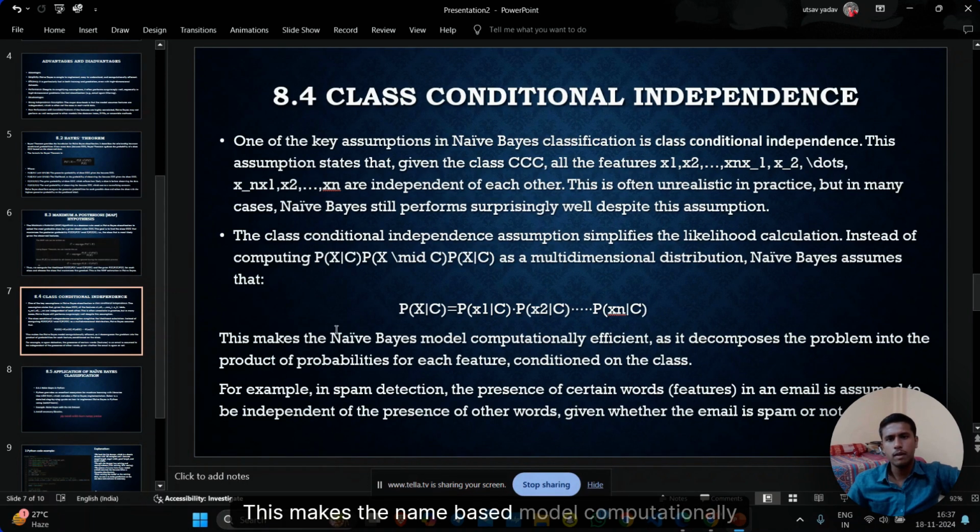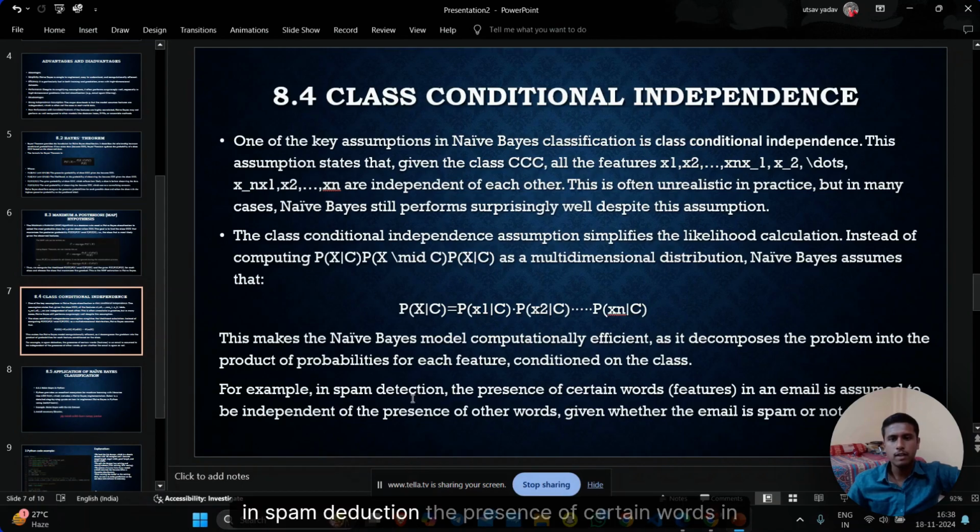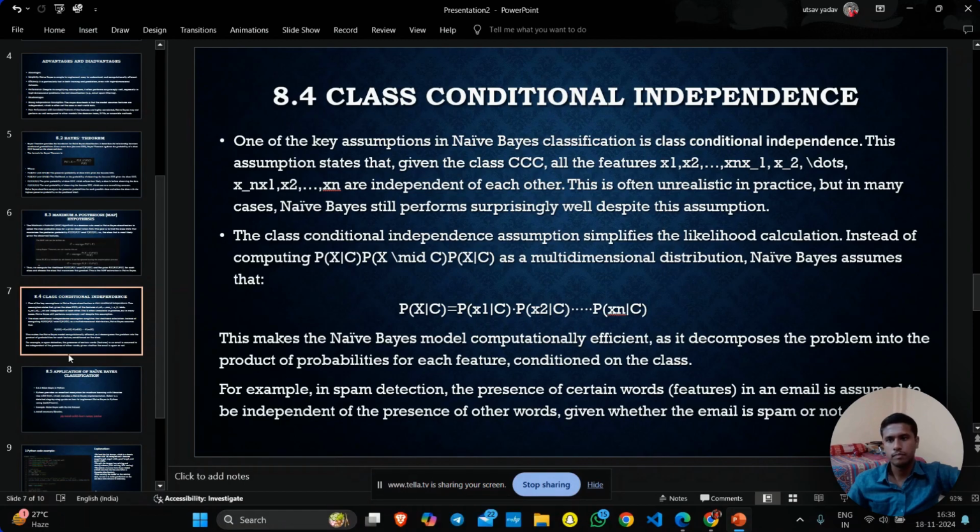This makes the naive-Bayes model computationally efficient as it decomposes the problem into the product of probabilities for each feature conditioned on the class. For example, in spam detection, the presence of certain words in an email is assumed to be independent of the presence of other words, given whether the email is spam or not.